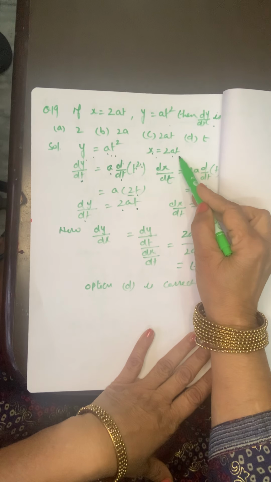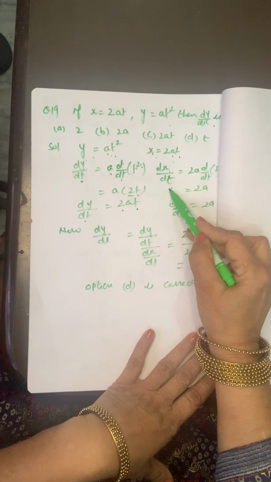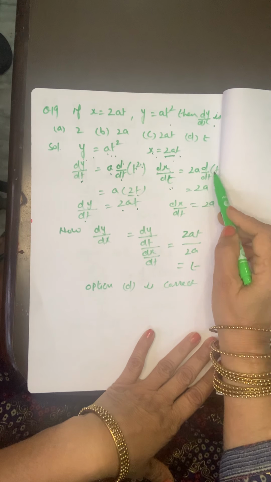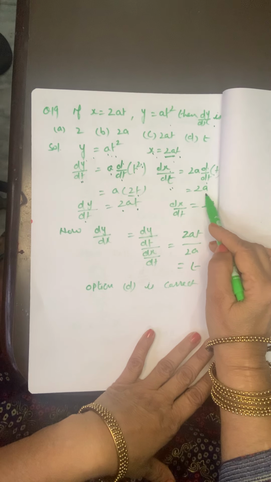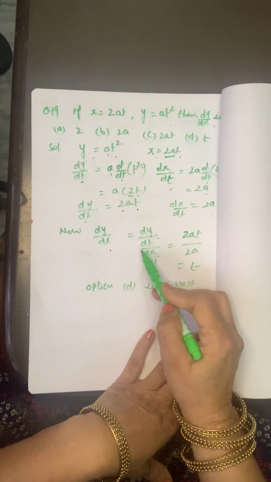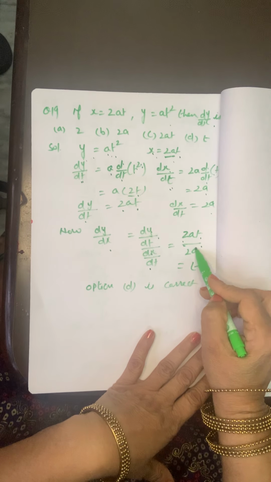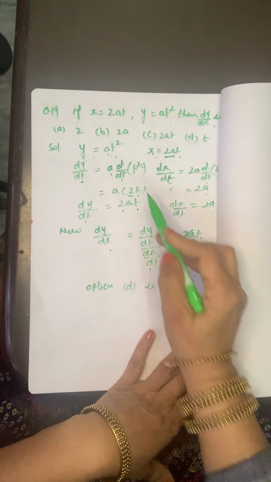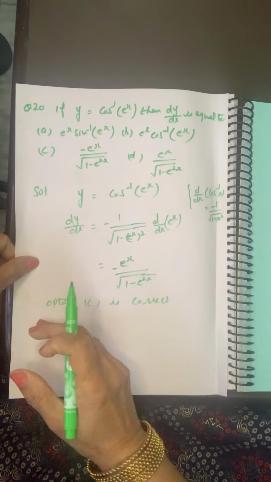Now x is equal to 2at, again differentiation with respect to t, dx upon dt is equal to 2a, a is constant, derivative of t is 1. So this is equal to 2a. Now dy upon dx means dy over dt over dx upon dt. 2at upon 2a. 2a will cancel. Answer is t. Which option is correct? Option D is correct.